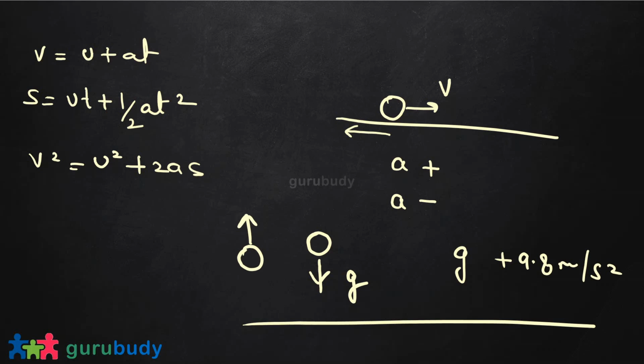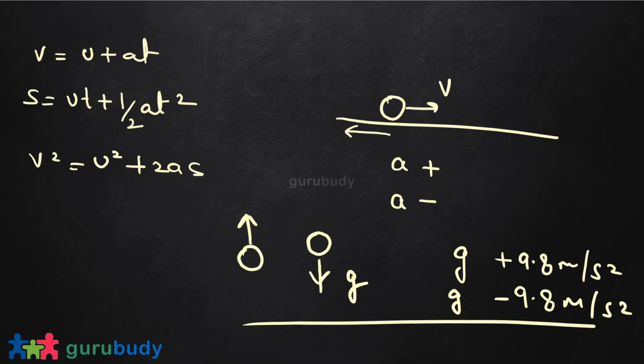Now my object is moving up, my velocity is up, so my g value would be minus 9.8. This is more like a choice. As long as you state in your problem what your plus sign denotes and what your negative sign denotes, you are okay. But typically, if the acceleration is in the direction of the motion, it is positive, and if it is opposite to the direction of motion, it is considered negative.